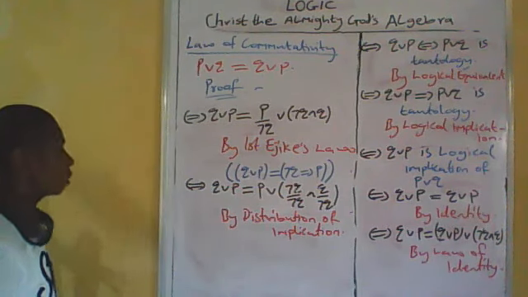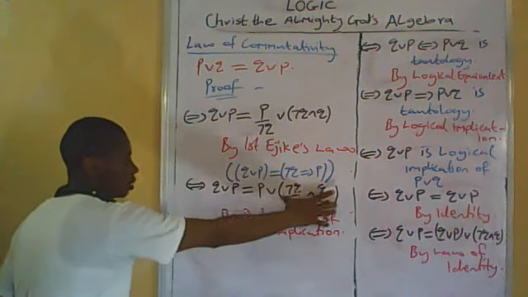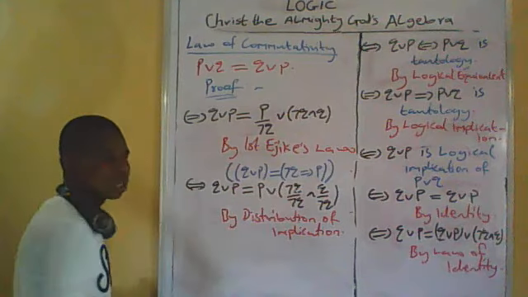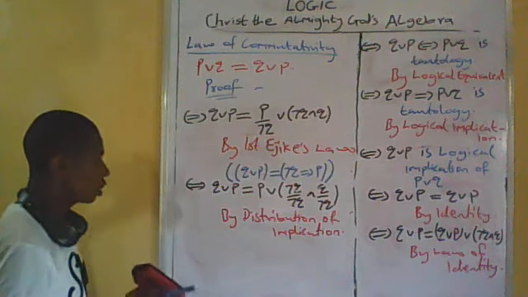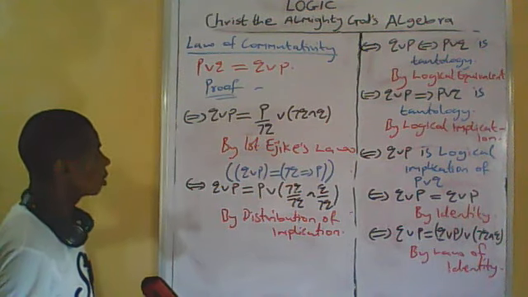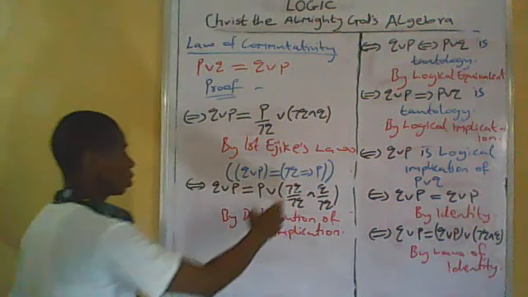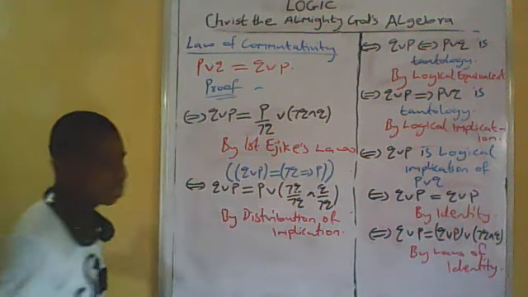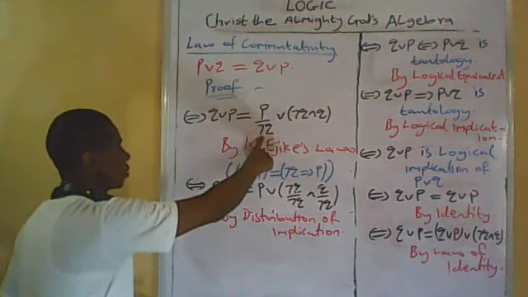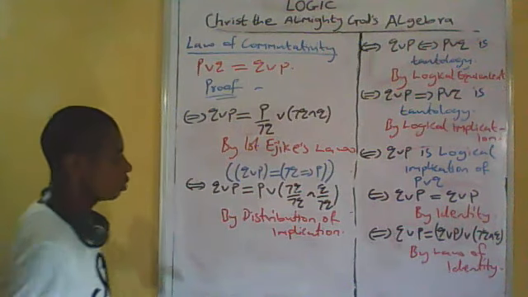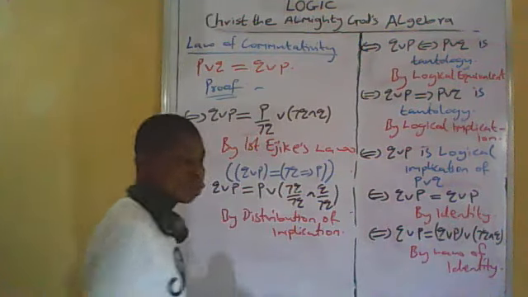Now I'm going to transform these conditional statements in this bracket, that's not Q upon not Q and Q upon not Q, to a disjunctive statement, because this Q is being generated from a disjunctive statement. That means this Q or P, which is a disjunctive statement.